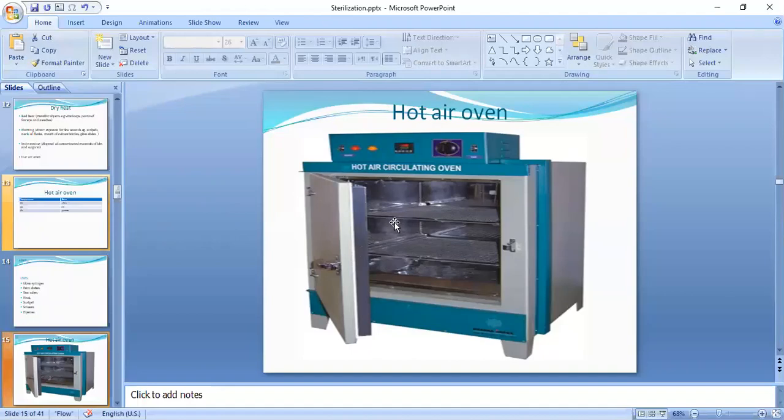We close this oven, and the objects kept inside are thus freed from bacteria or microorganisms. So this is the hot air oven.